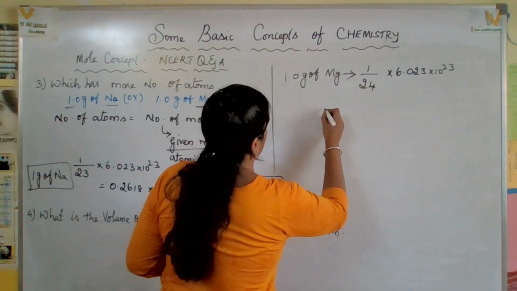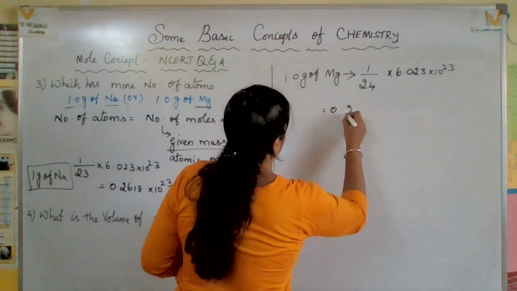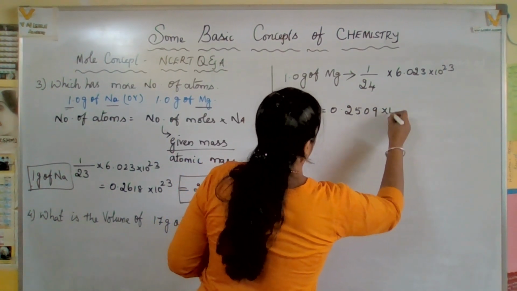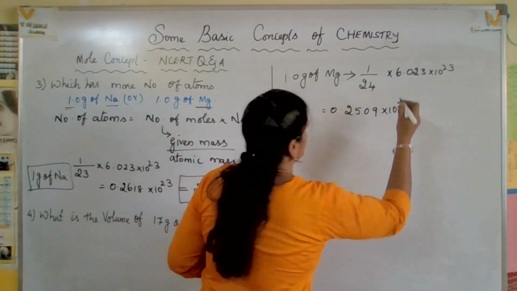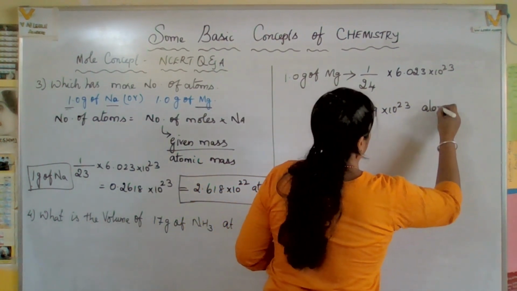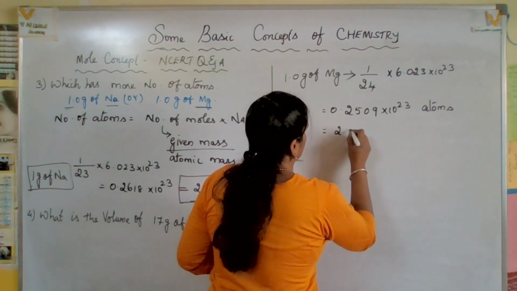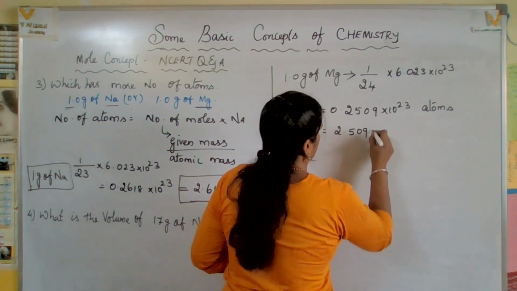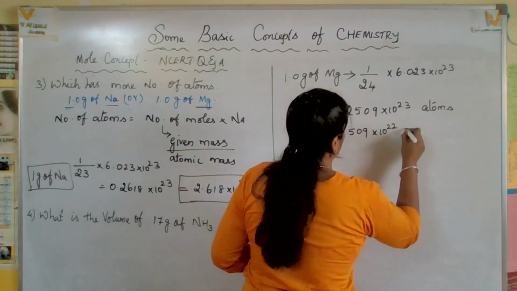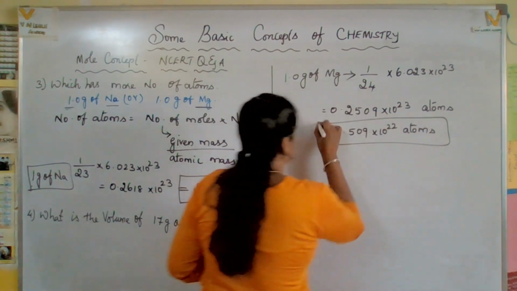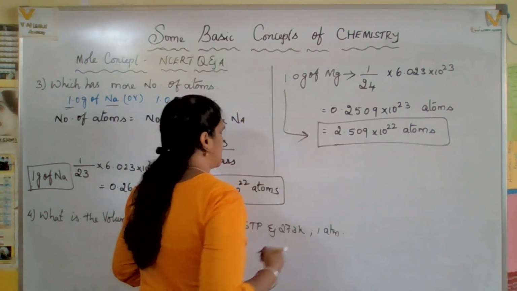This you will get 0.2509 into 10 to the power of 23 atoms. So we can write it like this: 2.509 into 10 to the power of 22 atoms. This is 1 gram of magnesium.